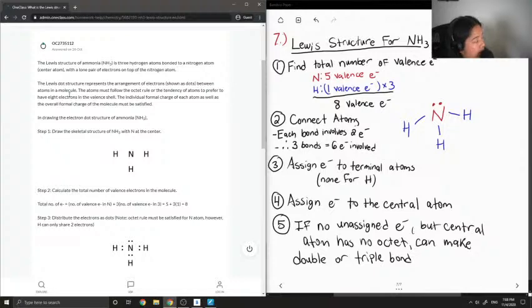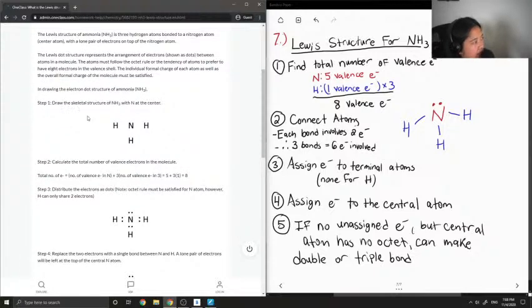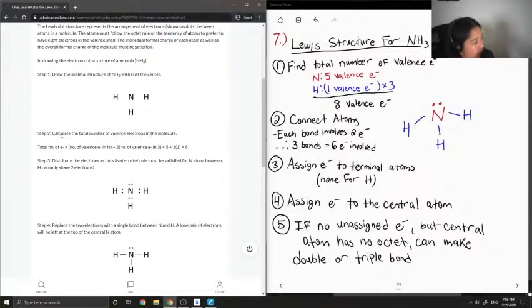So, in drawing the electron dot structure of ammonia, step 1, draw the skeletal structure of NH3 with nitrogen at the center. Step 2, calculate the total number of valence electrons in the molecule. So this is what we did first, where you had the number of valence electrons in nitrogen plus in hydrogen. They got 5 plus 3 equals 8.